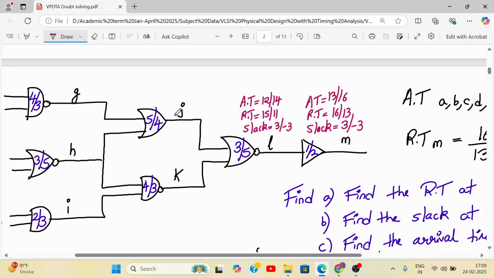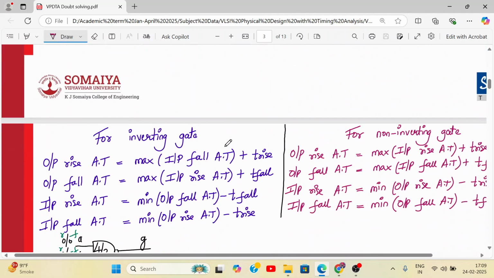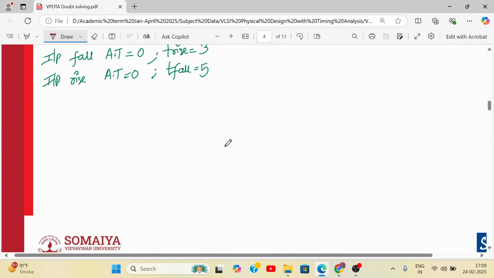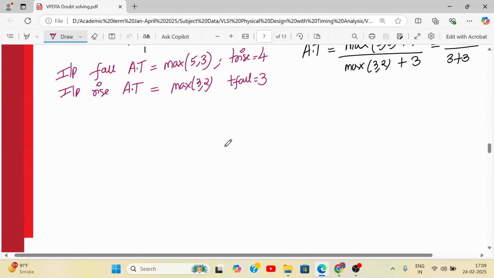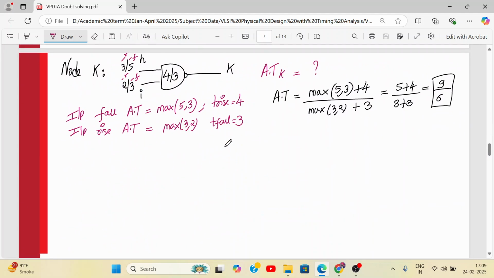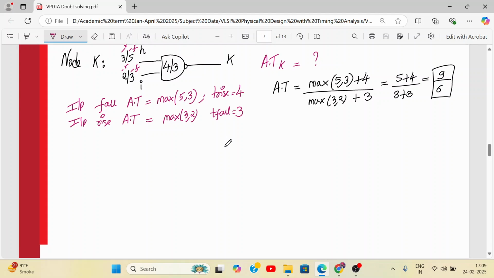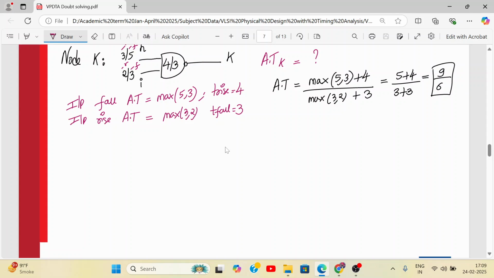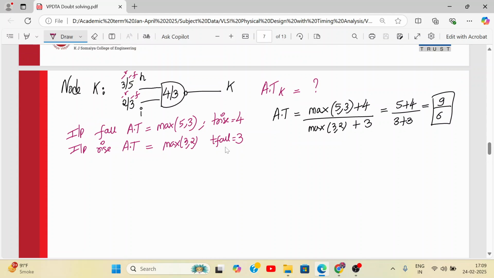Now we'll move our attention to nodes J and K. Let us go to node K. Yeah, this is my node K. So remember node K's output was given as one of the inputs to node L. Okay, so 3 by 5, we have to consider this delay 3 by 5.